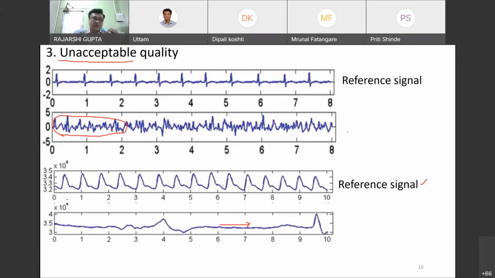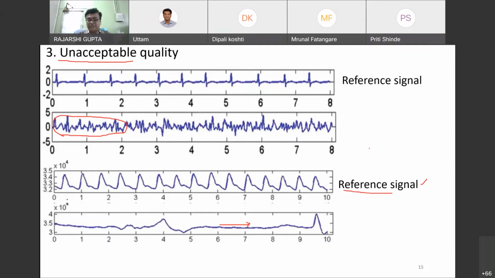Whenever you go for annotation or any such operation, getting your data annotated, you must show the reference signal to the doctor, because ECG and PPG, especially PPG, morphology widely varies from one patient to the other. Even if there is no hand movement, for some cases you will find that the signal seems to be corrupted. There are many factors.